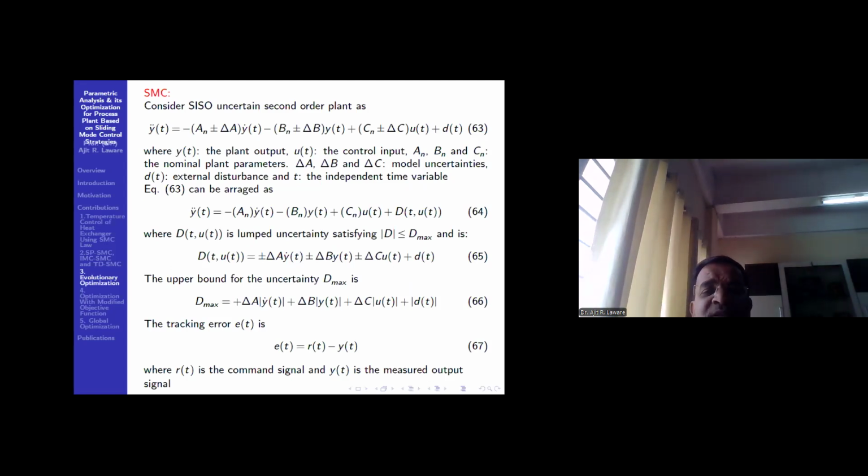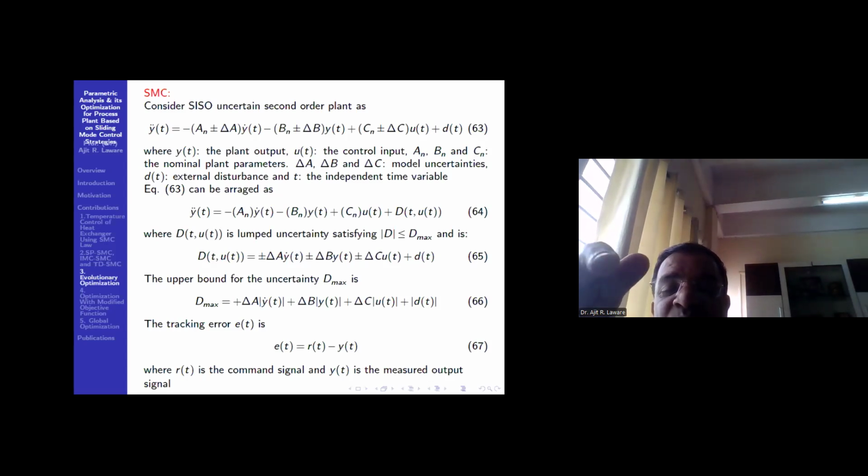Now, equation 63 without uncertainty can be rearranged as equation 64. Because the disturbances enter through the input channel, that is through u of t, I have written d of t, u of t as the lumped uncertainty, which satisfies mod of d is less than or equal to d max.